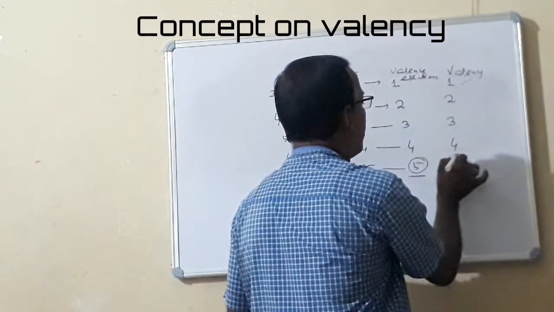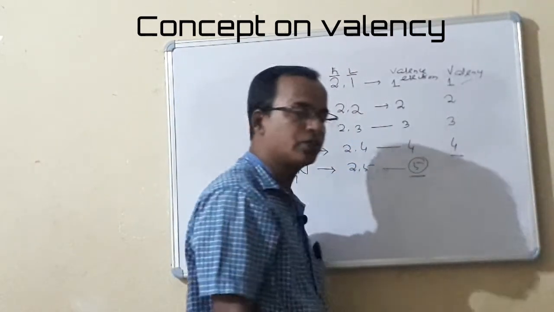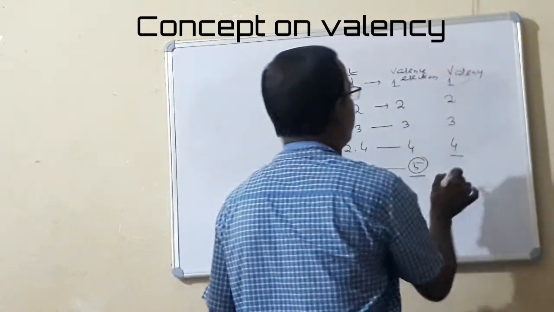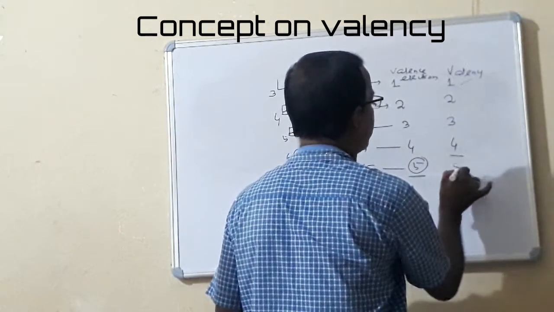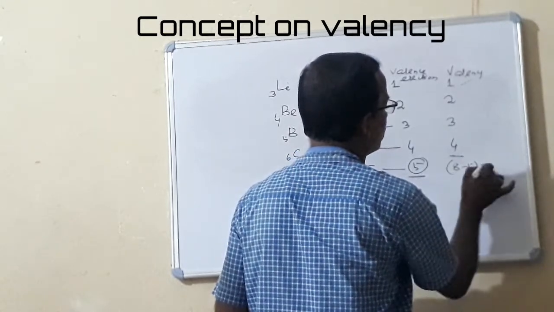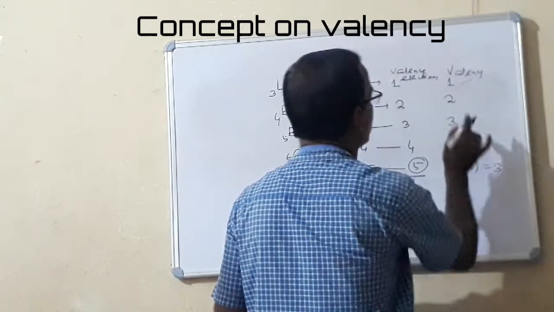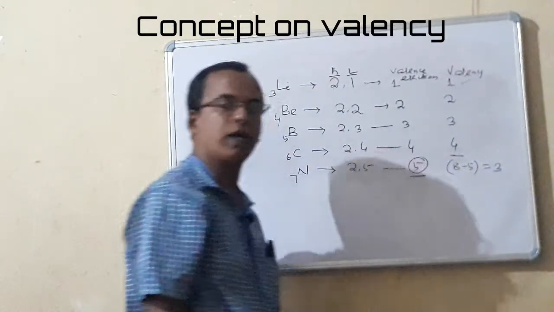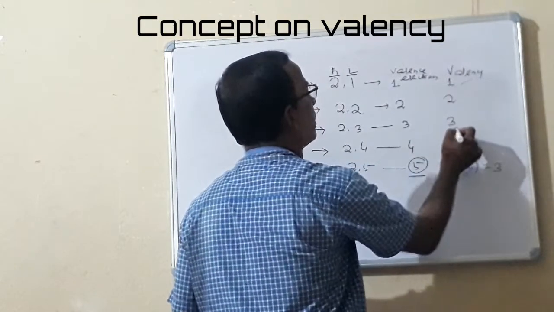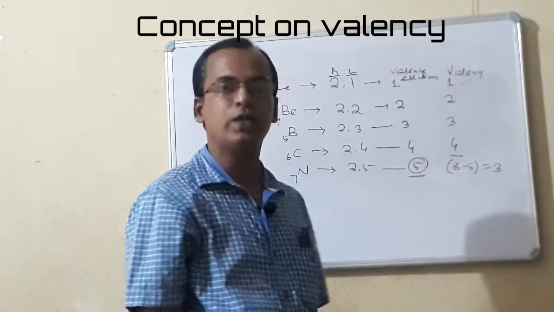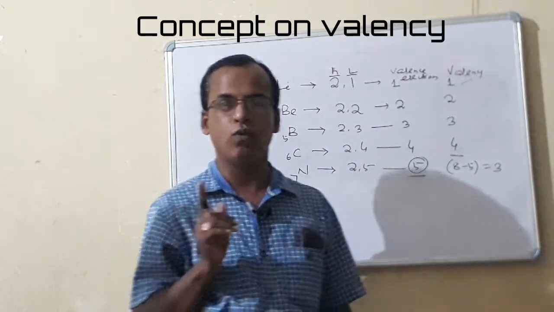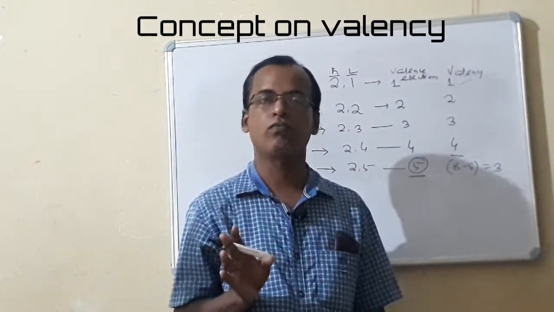But in the case of nitrogen the valency is not 5, because another definition tells us that valency can be determined by 8 minus 5 equal to 3. If the number of valence electrons is 1, 2, 3 or 4, then its valency is that number.